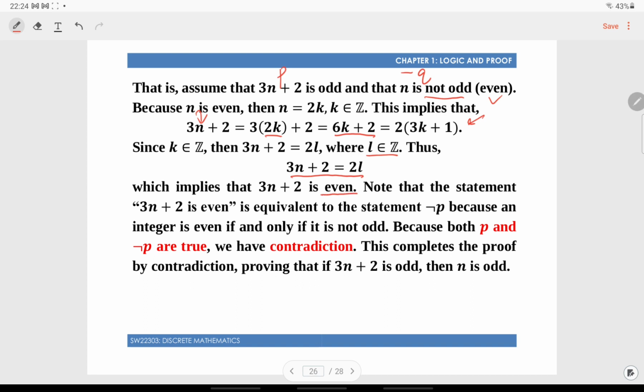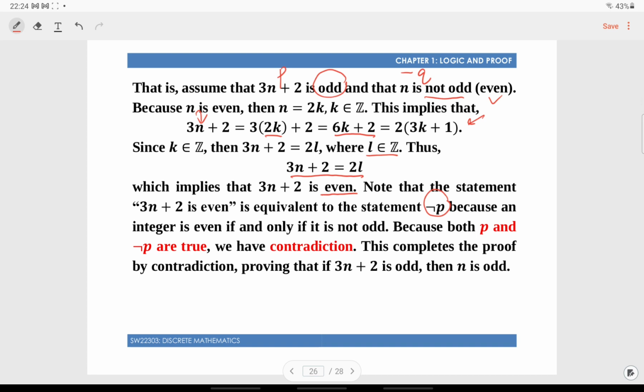Previously we assumed that it is odd, but then we obtained that it is even. Note that the statement 3n plus 2 is even is equivalent to the statement not p, because our p is 3n plus 2 is odd, and an integer is even if and only if it is not odd.